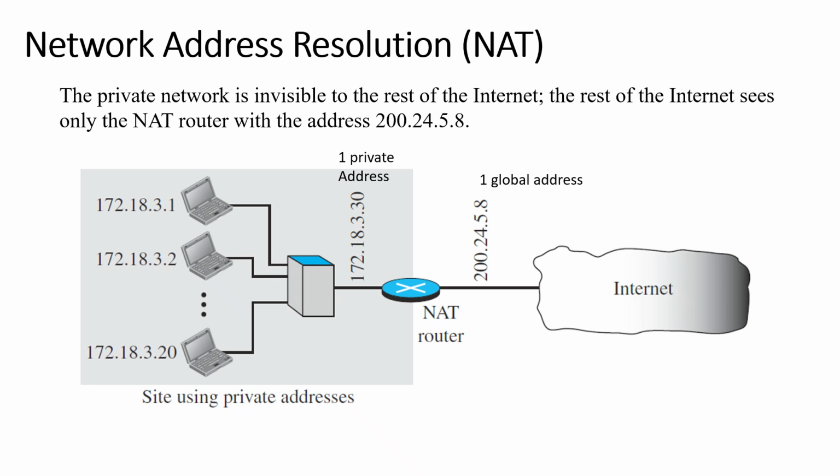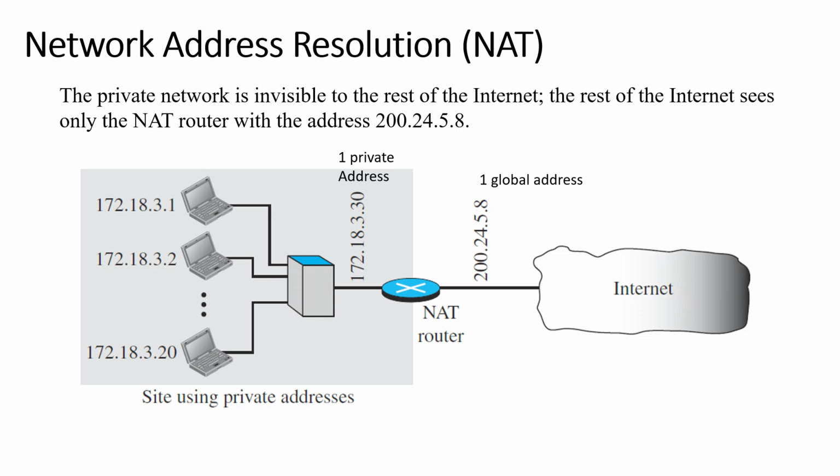Network address resolution: the private network is invisible to the rest of the internet. The rest of the internet sees only the NAT router with the address, in this example, 200.24.5.8. So for a site using private addresses, there are many IP addresses out there.